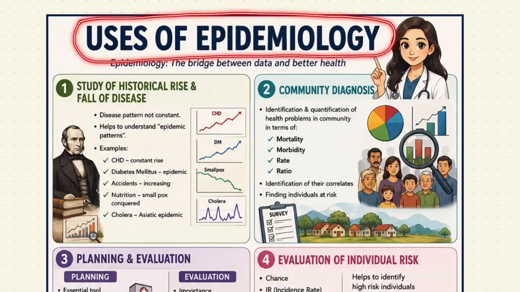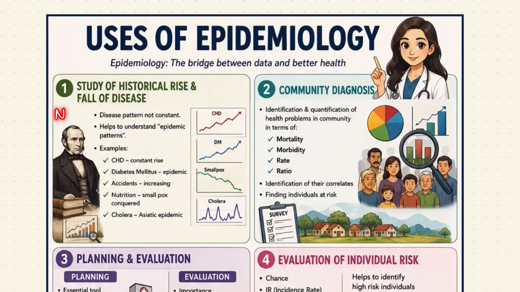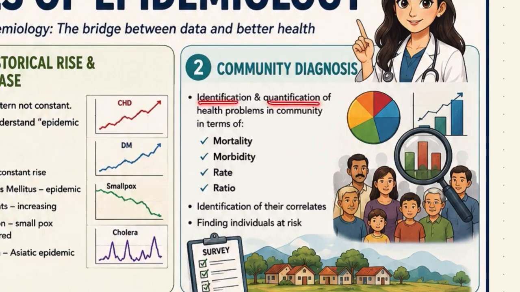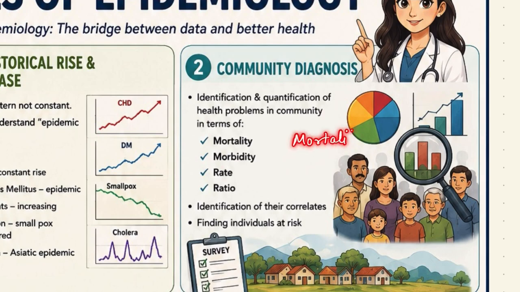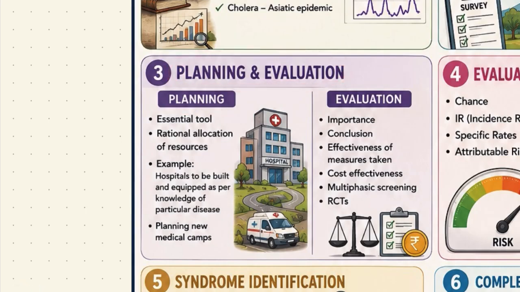Okay, where epidemiology is being used. First of all, study of the rise and fall of diseases, which are not constant, they change over time. Then community diagnosis, identification of health problems in a community in terms of mortality, morbidity, rate, and ratio. Then comes planning and evaluation.